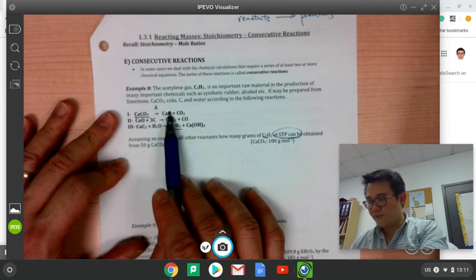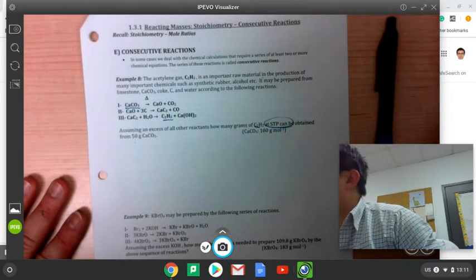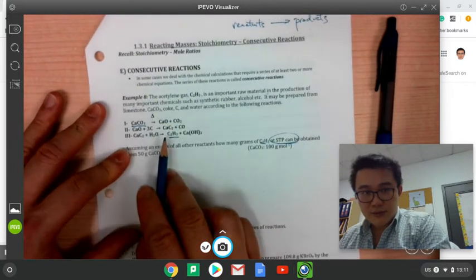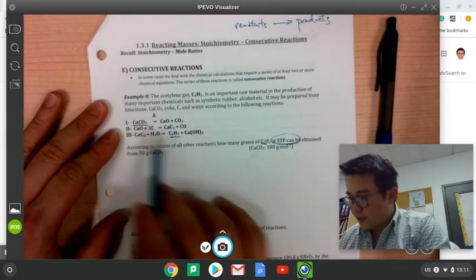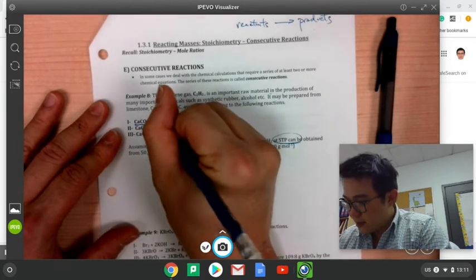You have to make this first, and so basically, I'll use a different color. I'll use a pencil. So in this case, the calcium carbonate will be making the calcium oxide first.